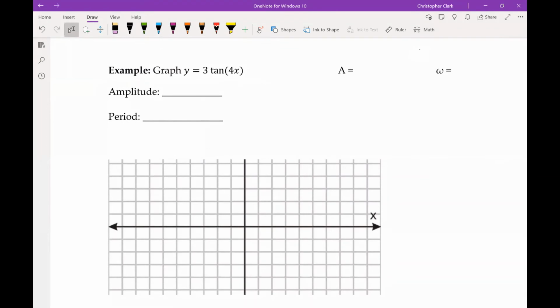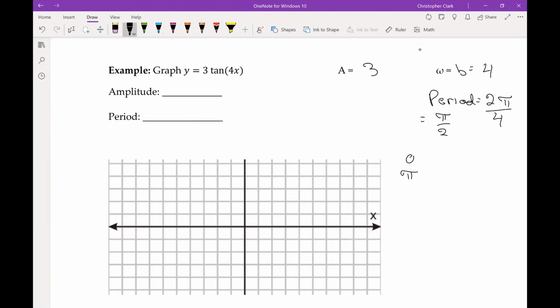So let's do some graphing. The amplitude, or excuse me, the A in this case is 3, and the omega, which is equal to B from last period, is going to be 4. So what that means is the period is going to be 2 pi over 4 equals pi over 2.